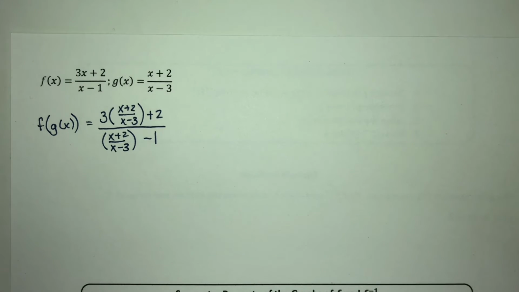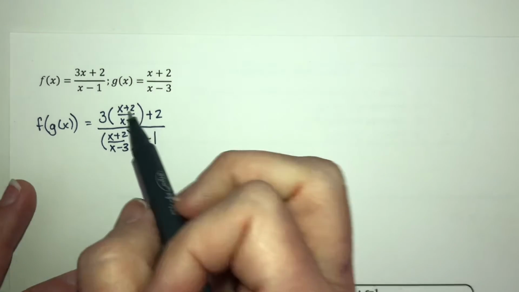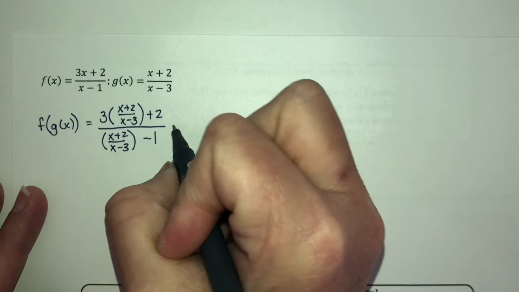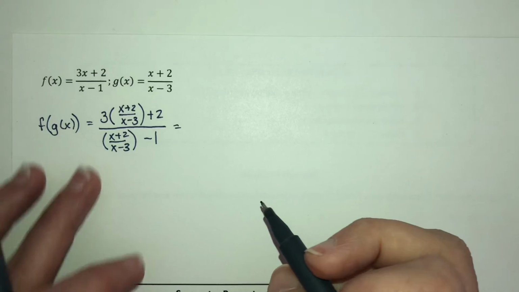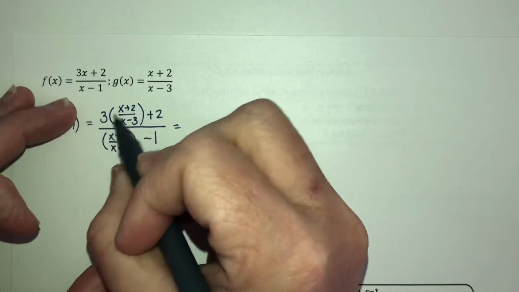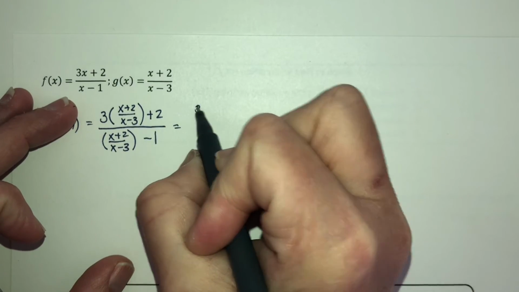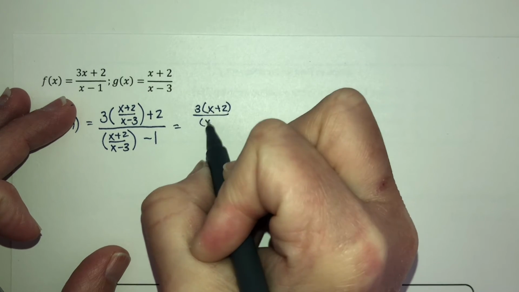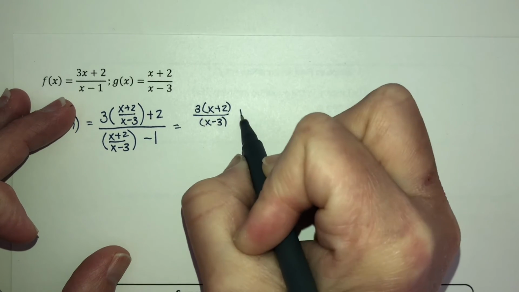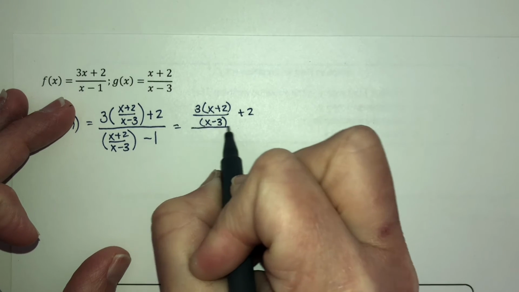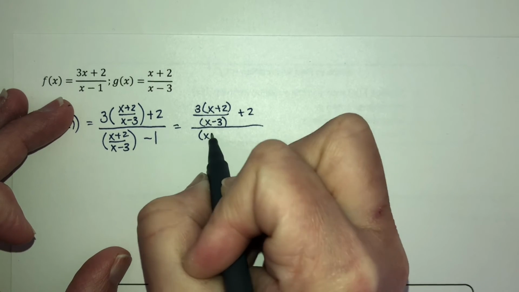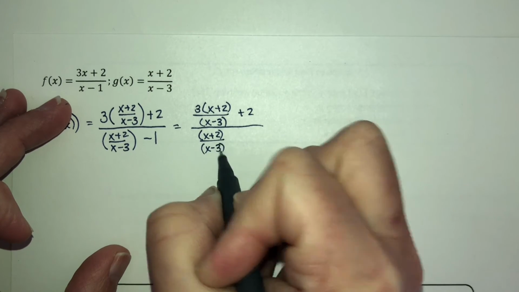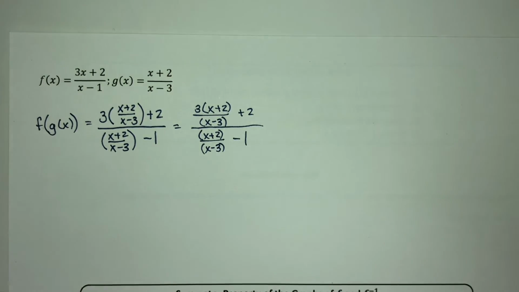Okay, I'm going to do a quick rewrite of these, a little bit of a grouping, so it's a little bit easier to see what's going to be happening here. So I can rewrite this as 3 times x plus 2 over x minus 3 plus 2, over x plus 2 over x minus 3 minus 1.